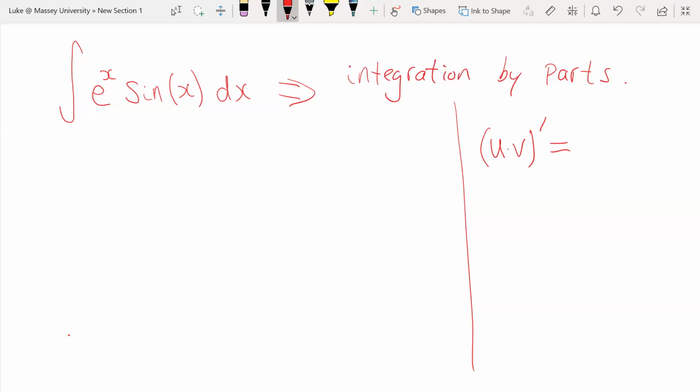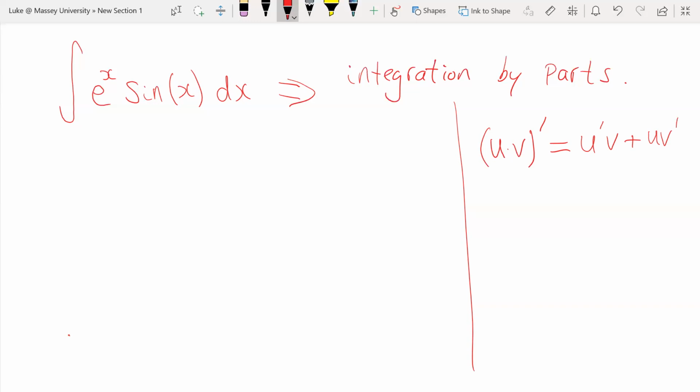So firstly, this is equal to differentiate u and keep v constant, so u prime v, and because we're dealing with the product rule here, we're going to add u times v prime. So this is the product rule from differentiation. I hope that everybody can remember this.